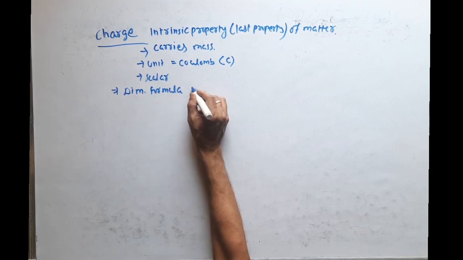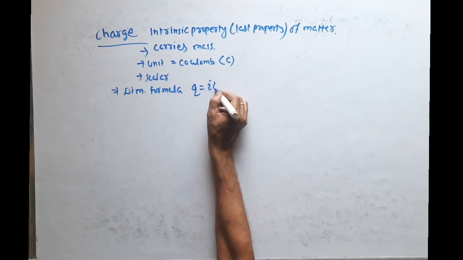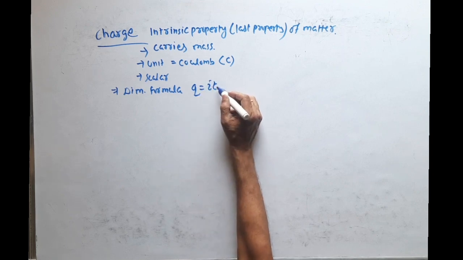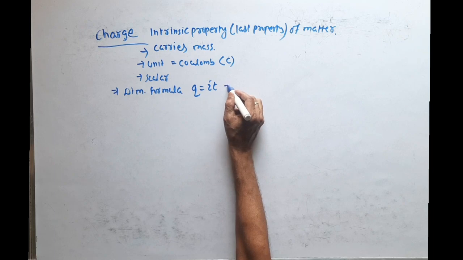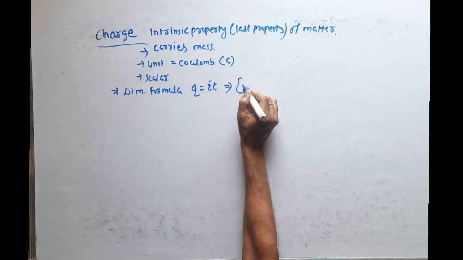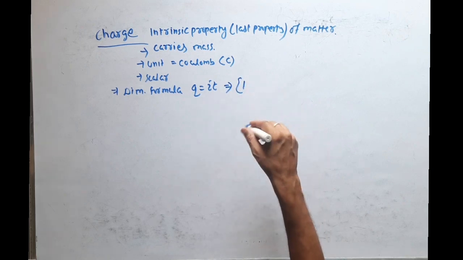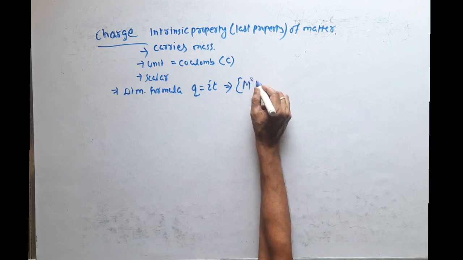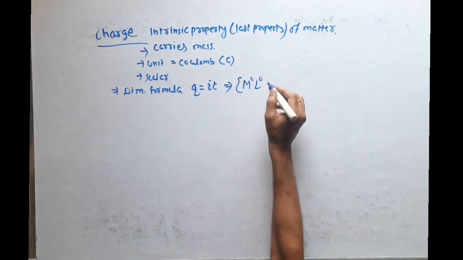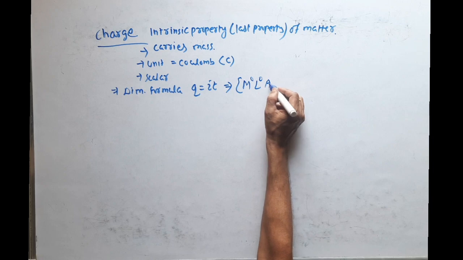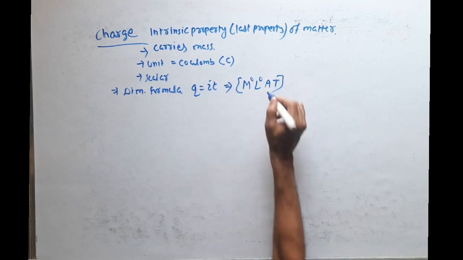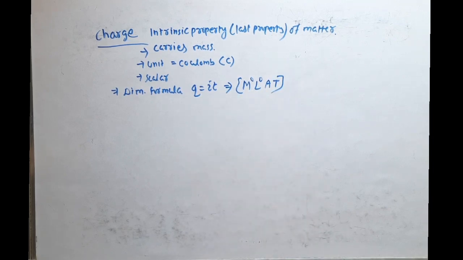You know Q is equal to I T. Current I is a fundamental unit, and time is a fundamental unit. Mass is not there, so M to the power 0. Length is not there, so L to the power 0. Ampere is represented by A, and time is represented by T. So this is the dimensional formula of charge.